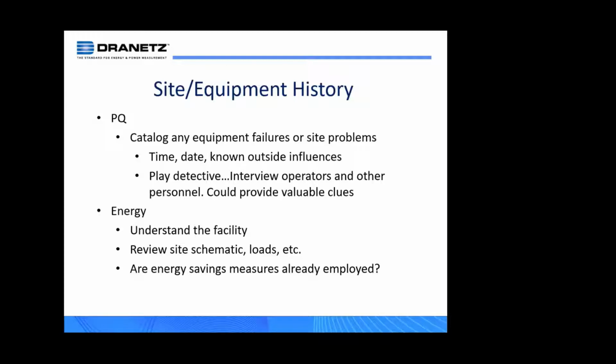When did the production line stop? Things of that nature. Those are all very important clues, especially if you have monitoring in place, because what you're trying to do is establish that consistent correlation between an event occurring in the facility and a corresponding event recorded by the instrumentation.